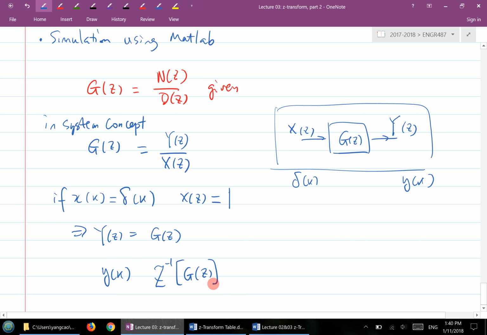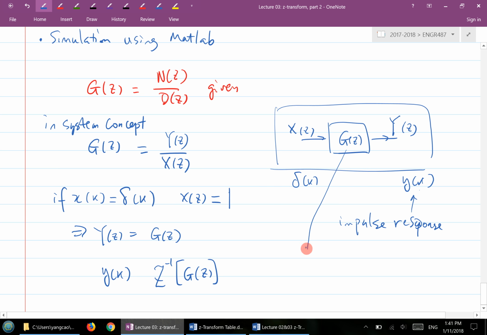Sometimes we call this the impulse response, because the input is delta k.